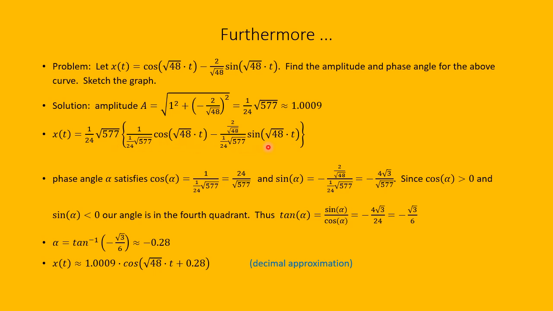in this form. And then for the phase angle, we have that cosine of alpha is this number right here, and that simplifies to 24 over the square root of 577. The sine of alpha is this negative coefficient right here, and that simplifies to minus 4 square root of 3 over the square root of 577.